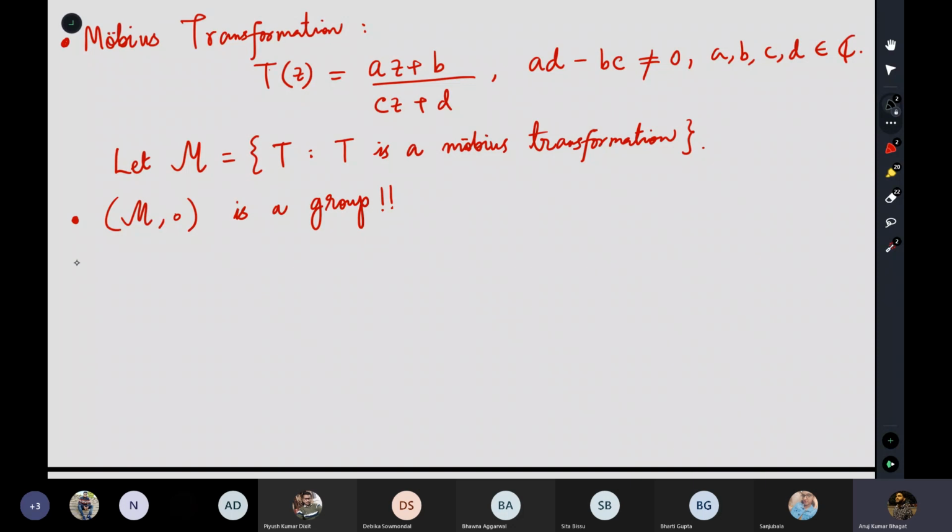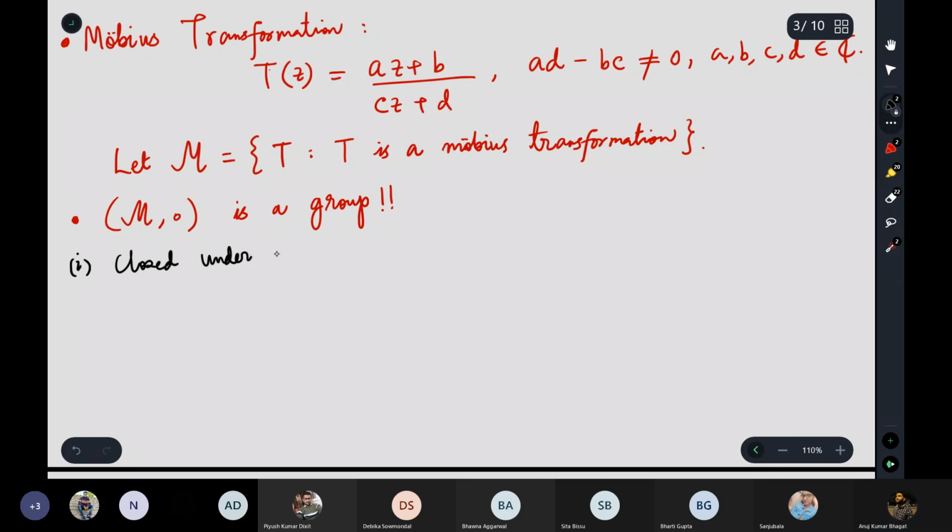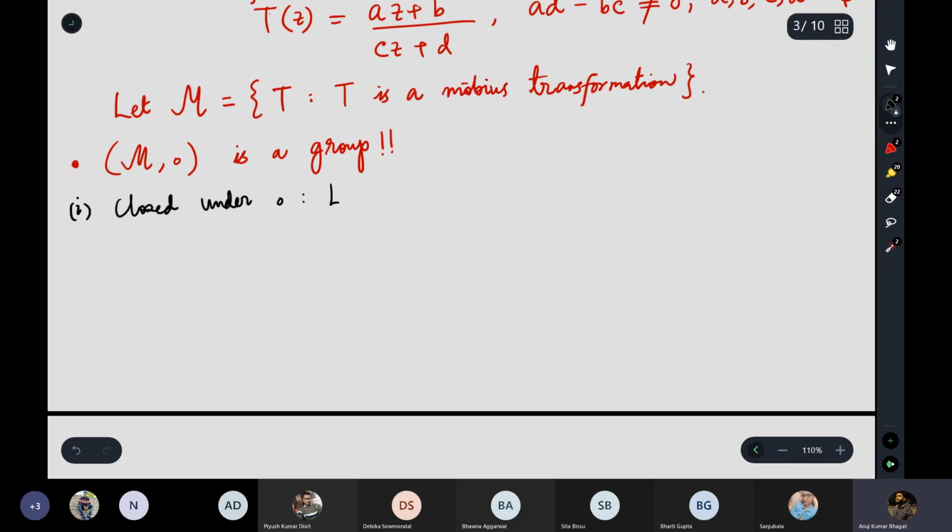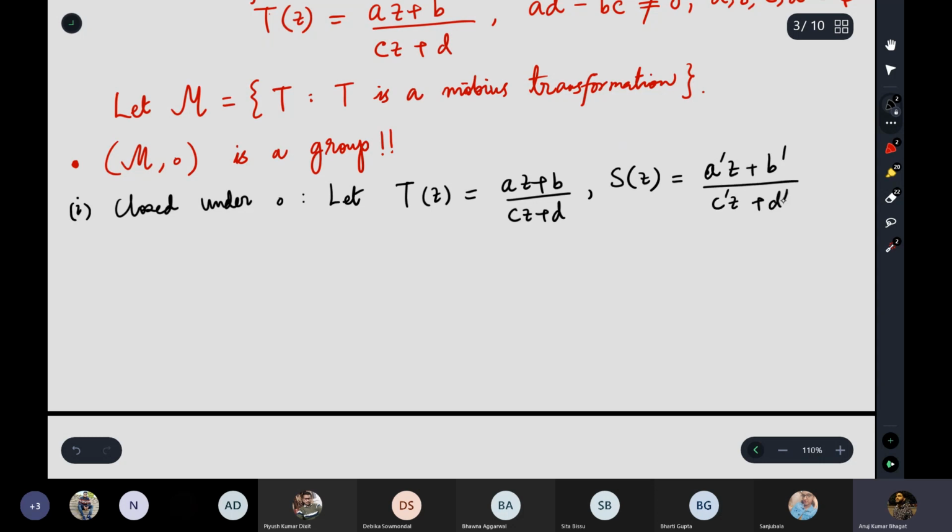So for the first property, closure: let T(z) be (az plus b) by (cz plus d) and S(z) be (a'z plus b') by (c'z plus d'), both belonging to M. So I have taken two Mobius transformations.